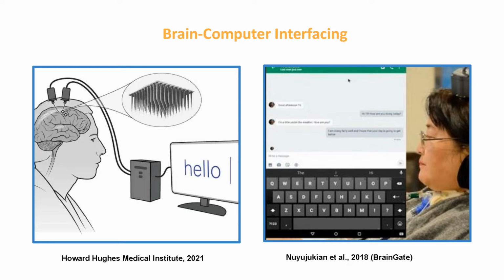In the example on the right, they are imagining moving a cursor around on the screen, then they can select letters. So again, the output is they're sending text, they're typing. And the one on the left, I believe, was imagined handwriting, but it doesn't matter. In the end, they both get to, I'm imagining doing something and I am controlling an output. I'm moving that cursor around. I am putting text out. And so this is what the area of brain-computer interfacing is.